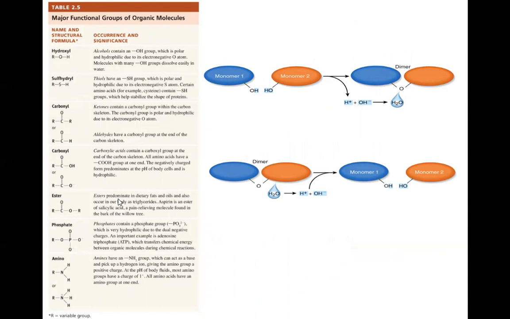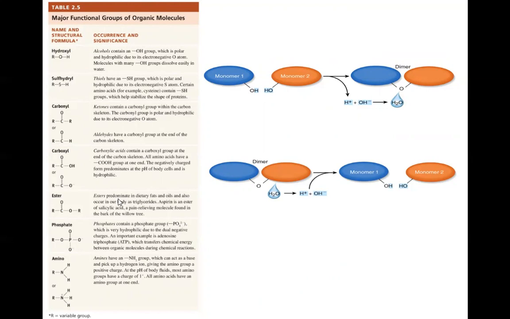Not something I'm going to ask you to know, but some of these we will get to know very well. Like, for example, phosphate, down there towards the bottom. That's what a phosphate looks like: P surrounded by 4 oxygens and an R over there on the left.